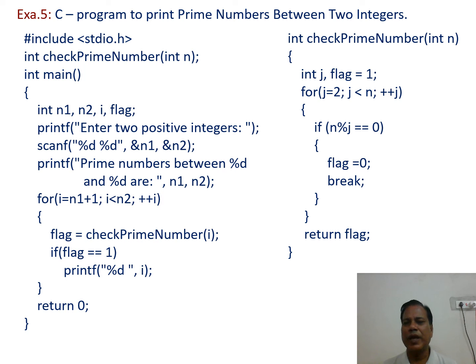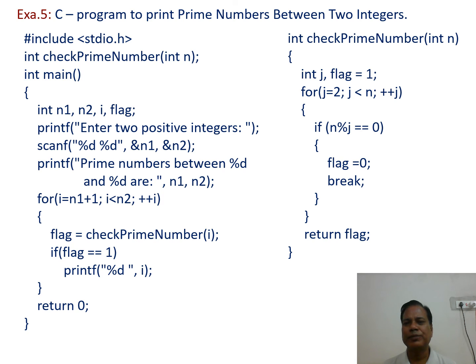We have already discussed this: in the body, if n modulo j equal to 0, that is if the remainder is 0 when dividing the number n by j, then flag is set to 0 and control comes out of the looping statement. And the value of flag is returned to the calling function.